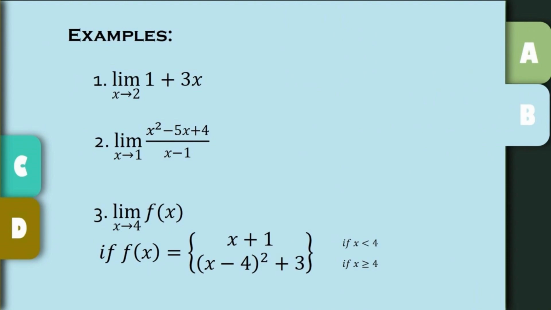Lastly, example number 3 is to examine the limit of a function f of x as x approaches 3. If f of x is x plus 1, then x is less than positive 4, and if f of x is (x minus 4) squared plus 3, then x is greater than or equal to positive 4.